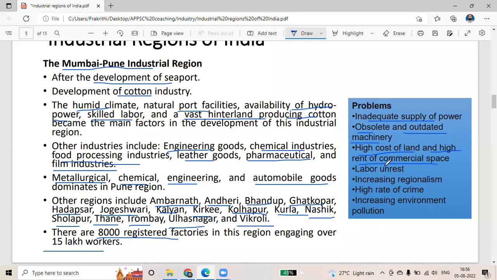Then labor unrest, especially in the cotton sector में. So in the early times there were skilled laborers. अभी they were moving to some other places, some other industries. अभी I said there are a lot of other industries came: engineering, chemical, pharmacy, leather.